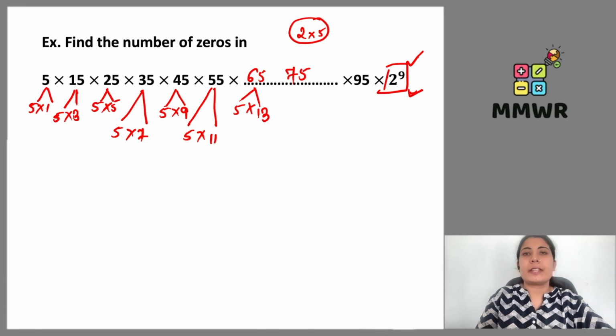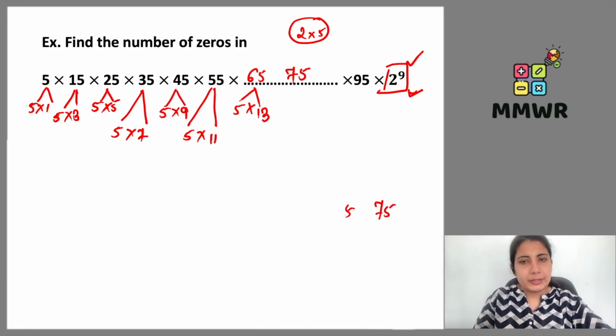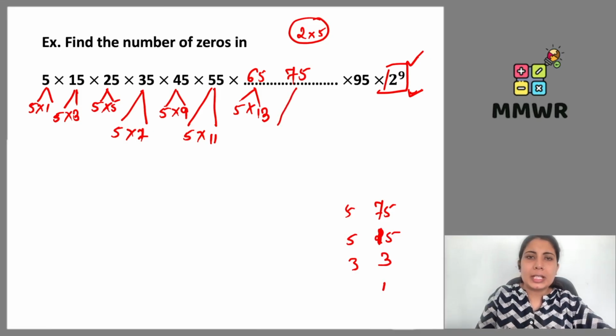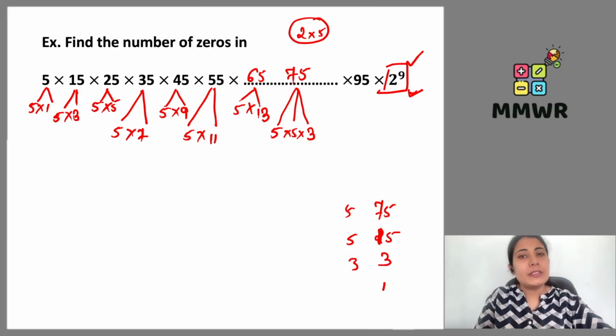Then 75. 75 divided by 5 gives 15, which is again divisible by 5, 3 times. So this can be written as 25 multiplied by 3, but I will be writing in terms of 5 only. That is why 5 multiply 15: 5 15s are 75.